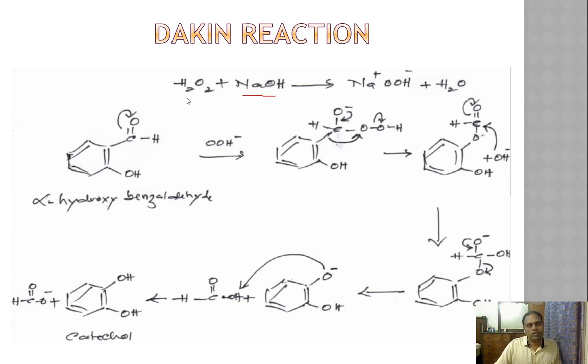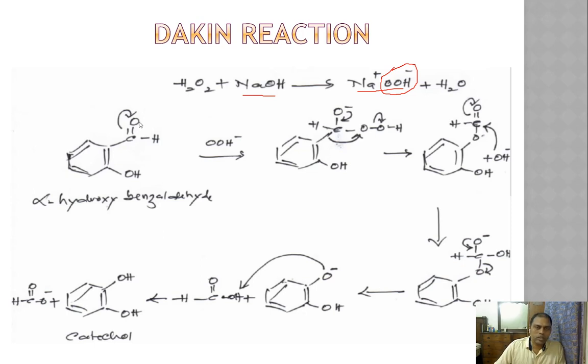This hydrogen peroxide will react with the sodium hydroxide and it's going to give sodium peroxide, and this peroxide ion is going to get used further in the reaction. It will react with the initial product, that is aldehyde over here, ortho hydroxy benzaldehyde.